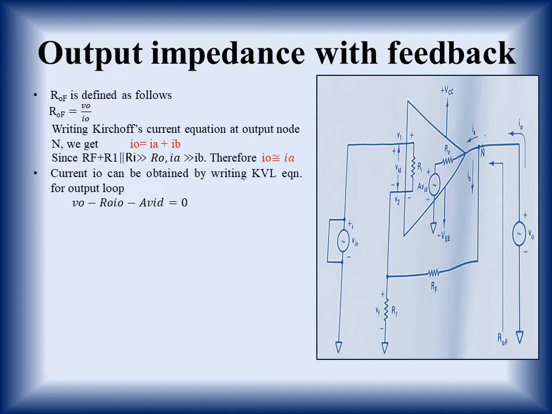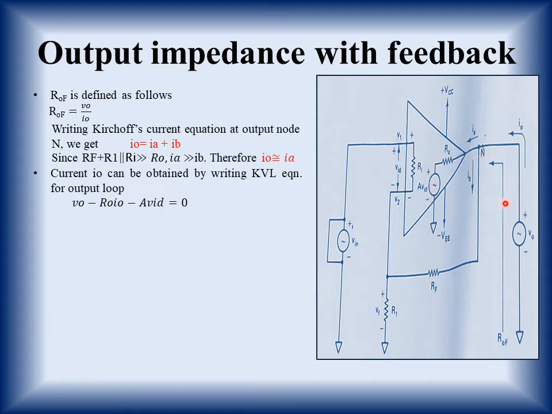As you can see from the diagram, the current flows in this way. IO and IA are the same, so we can write IO in place of IA. This current flows through RO and AVID.